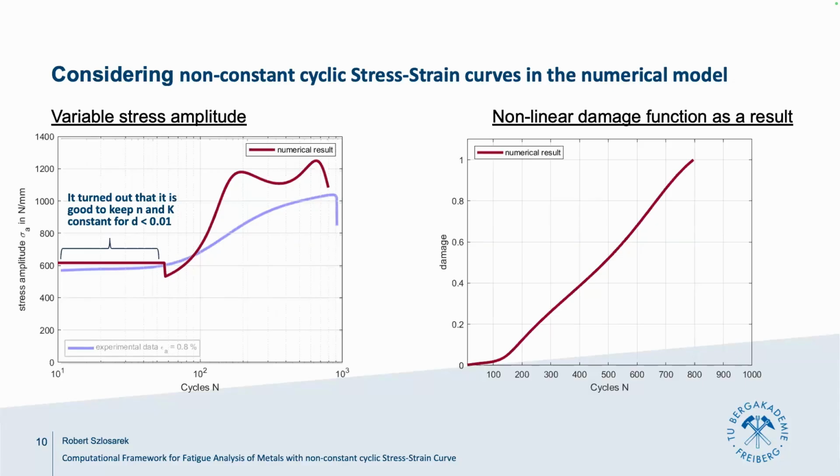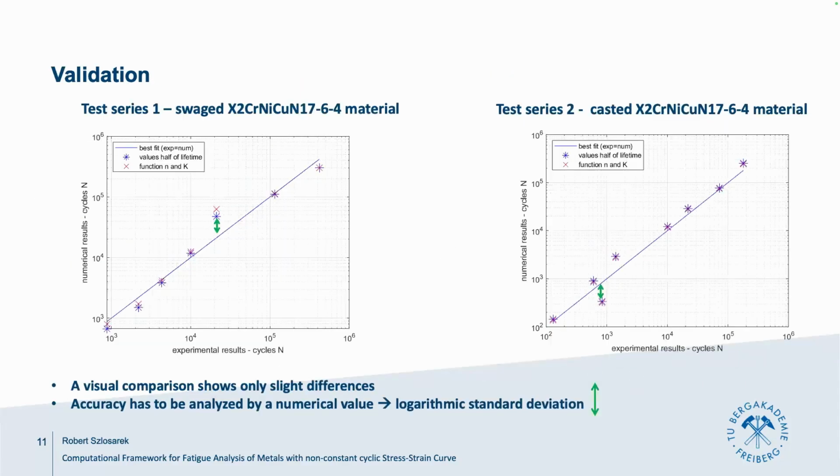Now we have to quantify if the numerical result is better than the half of lifetime approach. This is shown here. Let me explain the graph. The blue line is the so-called best fit. That means if the numerical result is equal to the experimental result, you are exactly on the line.